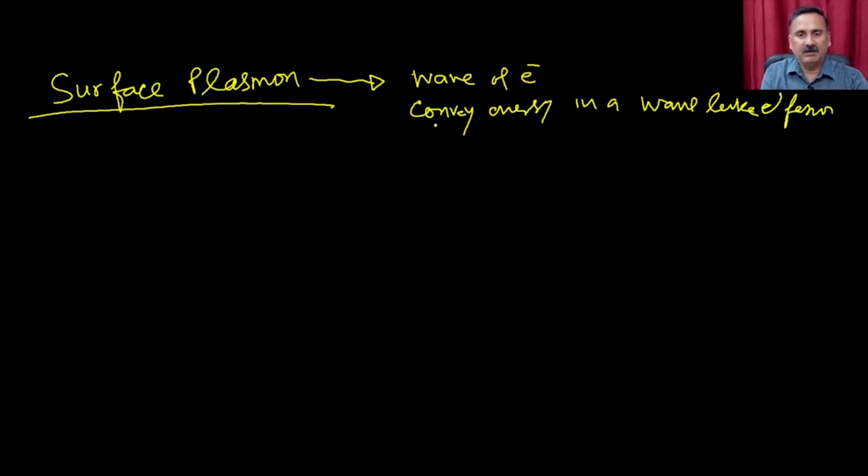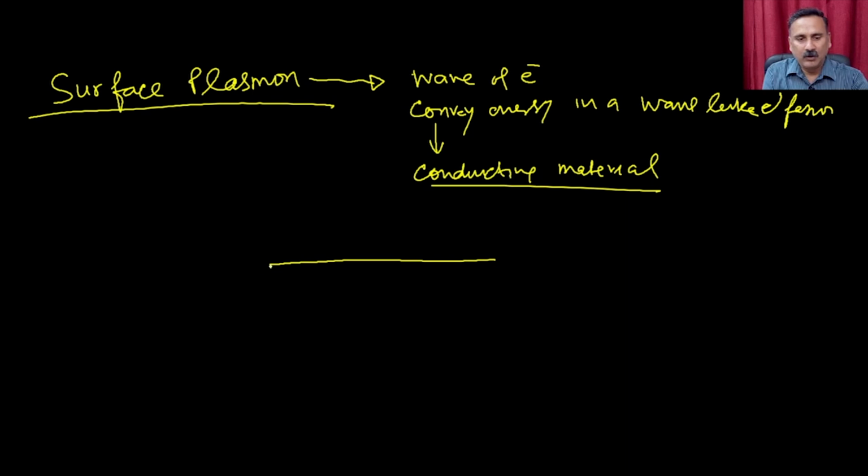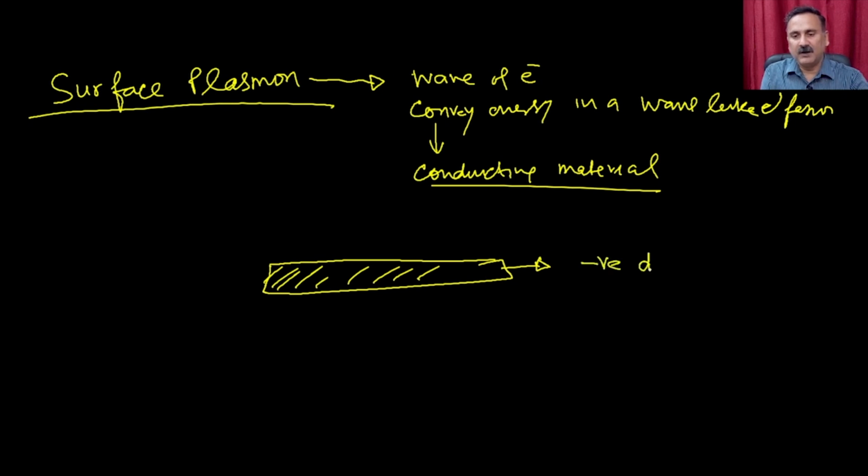And this will happen only with a conductive material. For example, if I take gold, a gold thin film, right? The gold is very conductive, so it has a very low dielectric constant. So it is going to have a negative dielectric constant, right?